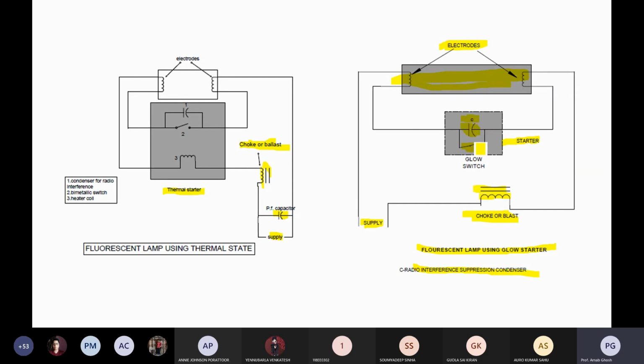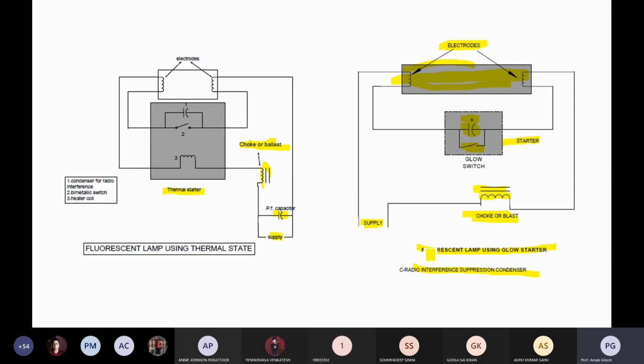That is important, that's the importance of the starter, that's why it is known as a starter. This is your starter circuit. Ionization will be there and current flows, and due to the flow of electrons the phosphor will glow and emit some light. After a certain time, when the line is connected, it will be continuous. So that's the basic concept of the fluorescent lamp.